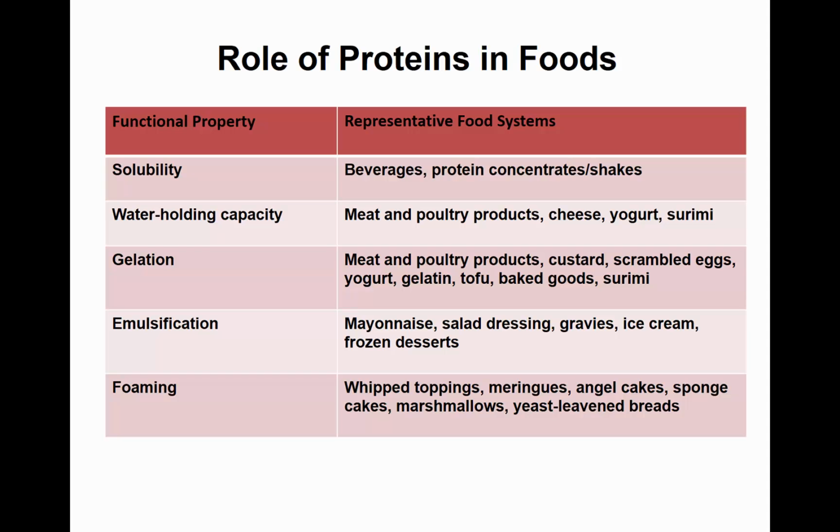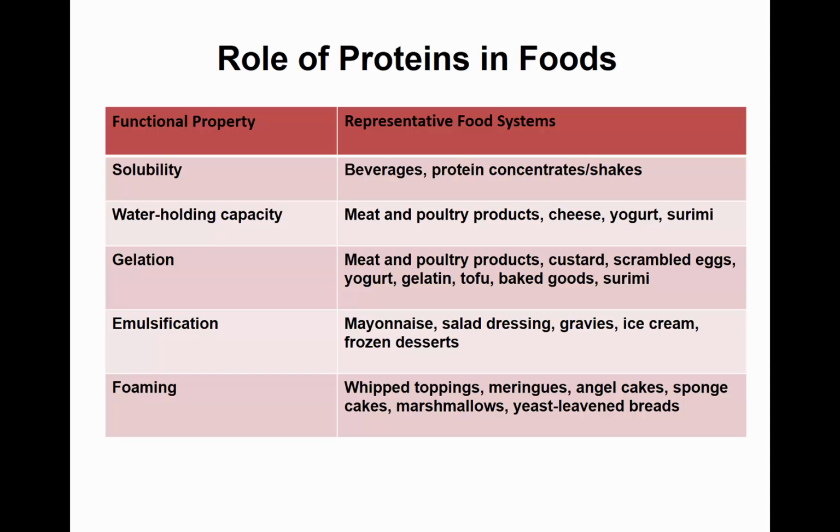In mayonnaise, for example, the egg protein provides that. And then foaming, a lot of applications require the foaming capability, and these are listed here. Some food applications require both emulsification and foaming, such as ice cream, for example, where you have a foam and you have an emulsion in that system.